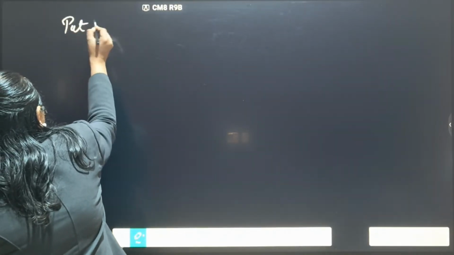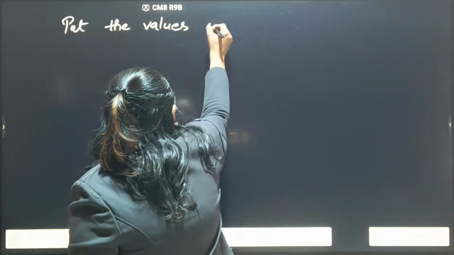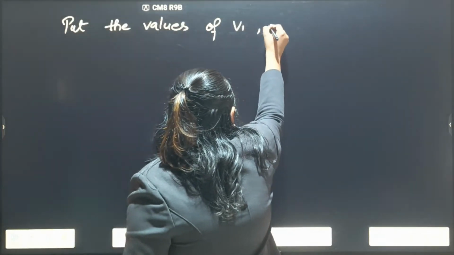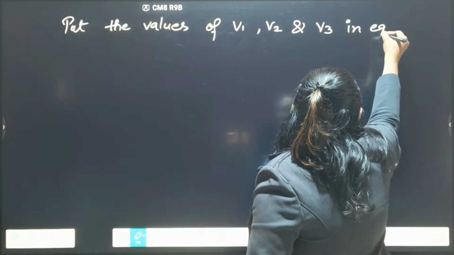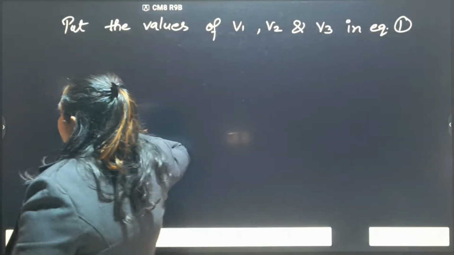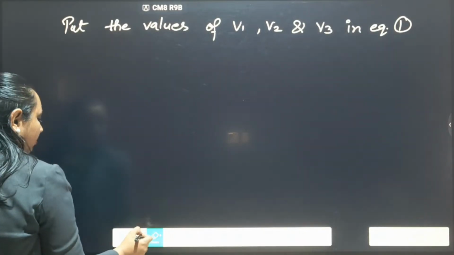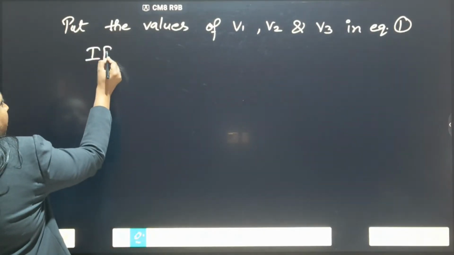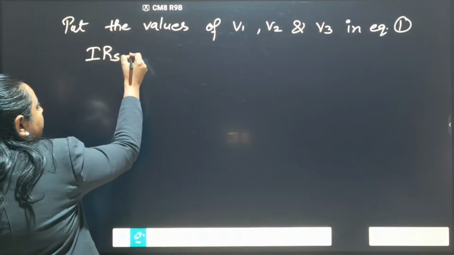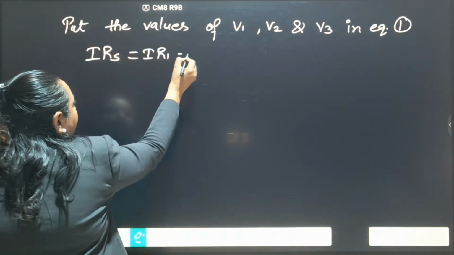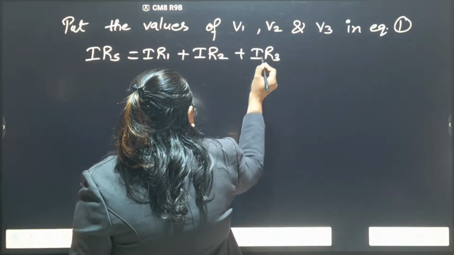When we put these values of V1, V2 and V3 in equation number 1, what do we get? It's I RS, the equivalent resistance of series combination, that is RS, is equal to IR1 plus IR2 plus IR3.